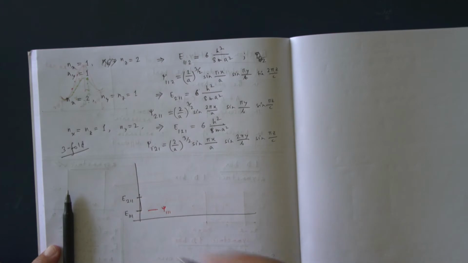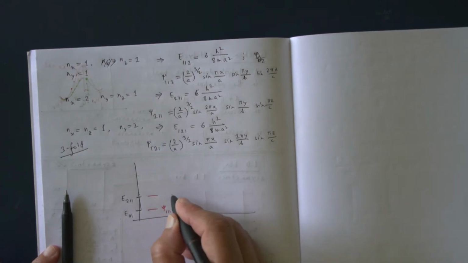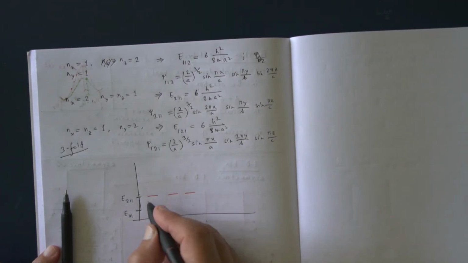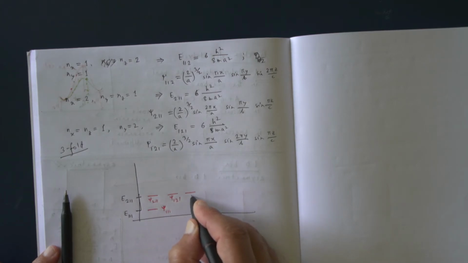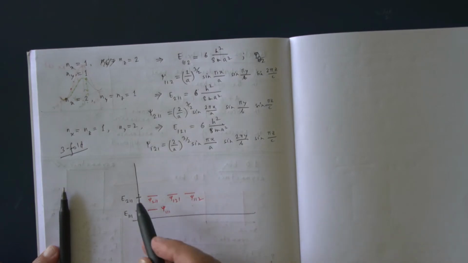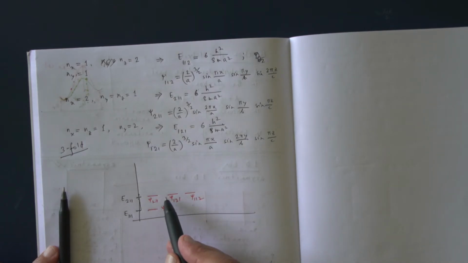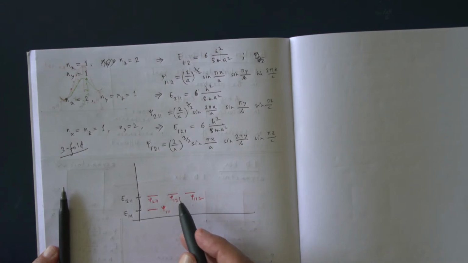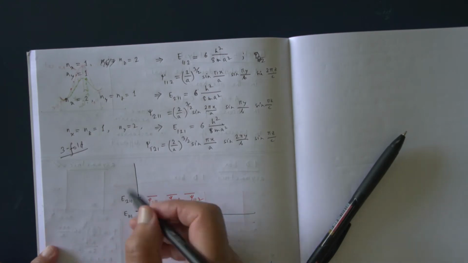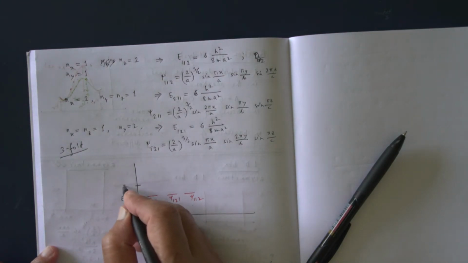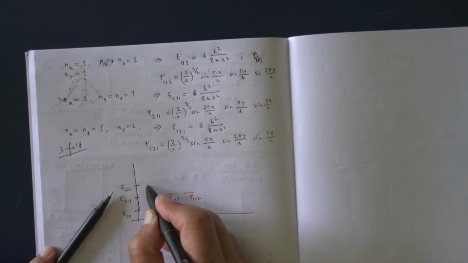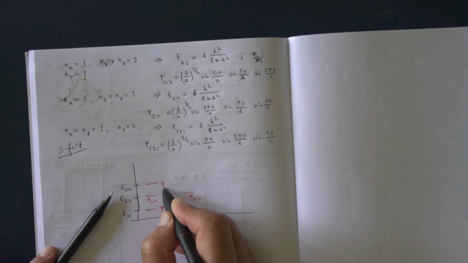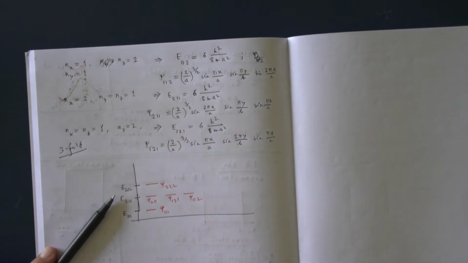So there will be three states: psi 211, psi 121, and psi 112. So this energy level is threefold degenerate. Then again, say E222, this energy level again has only one wave function, and so on.